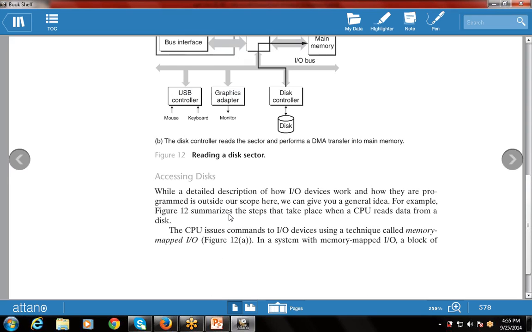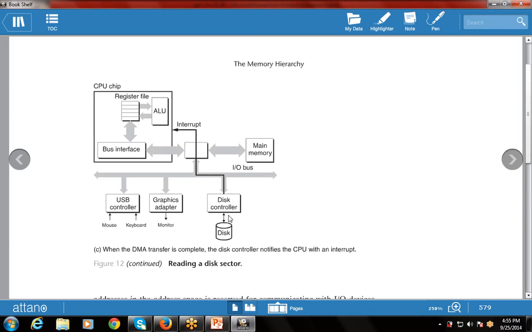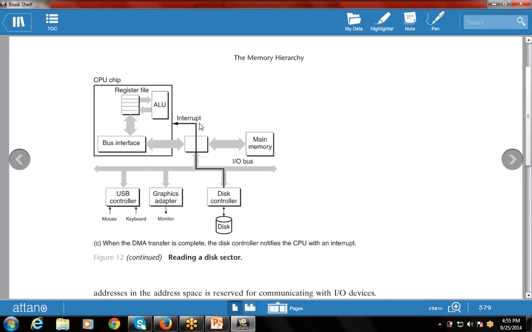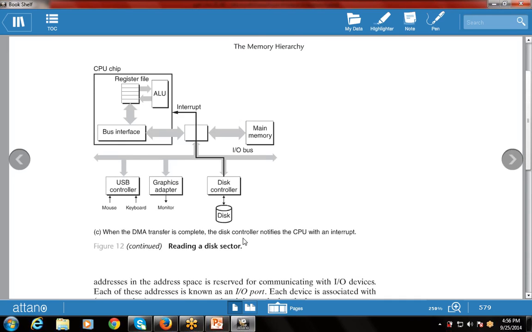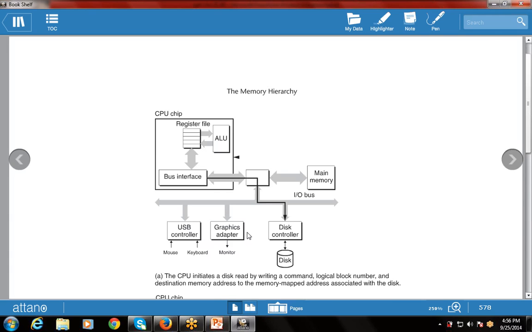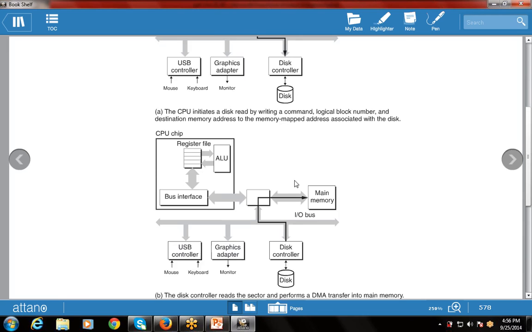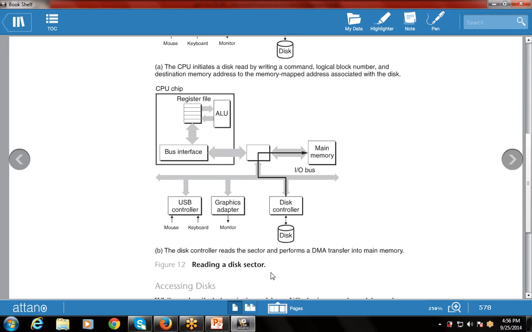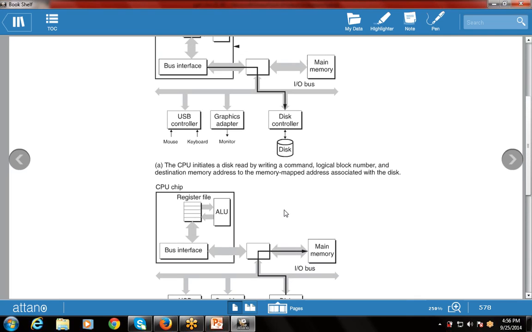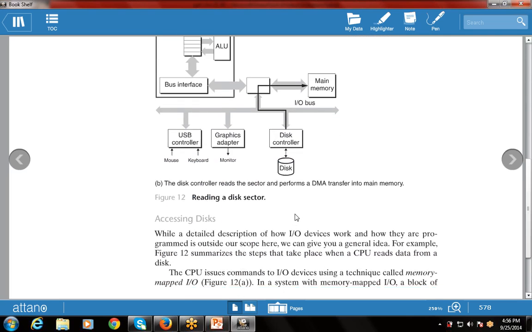Then how to access the data, we have also studied about this. There is a direct communication, direct interrupt between the disk and the register, that is reading a disk sector. This is directly reading a bus. Reading a disk sector, that is direct communication between the memory. This is direct communication between the bus interface.